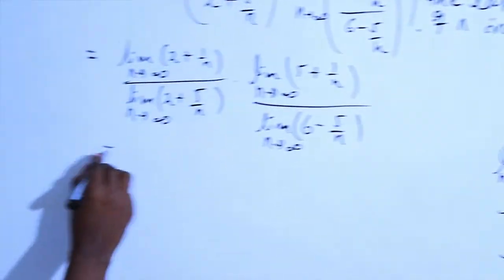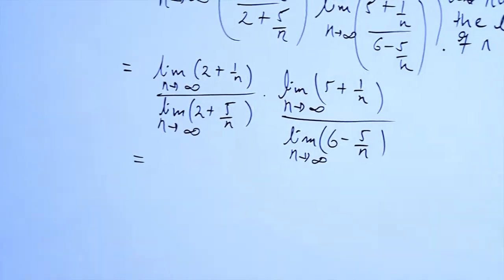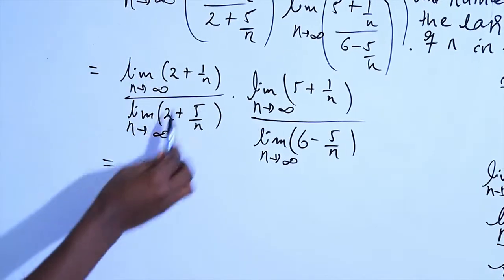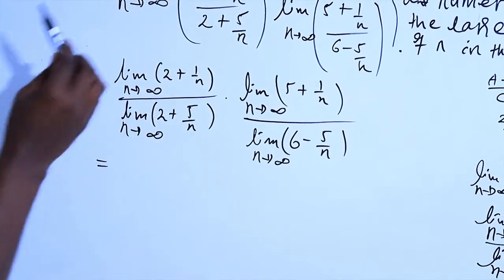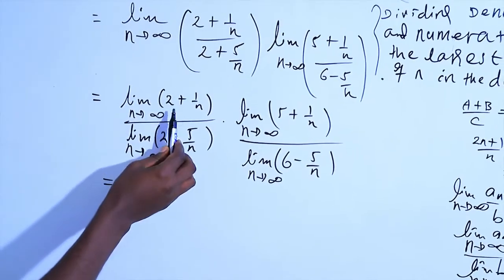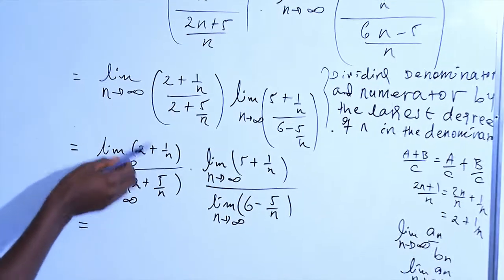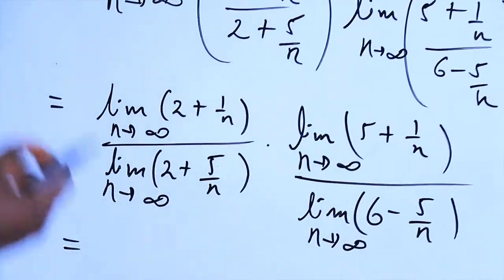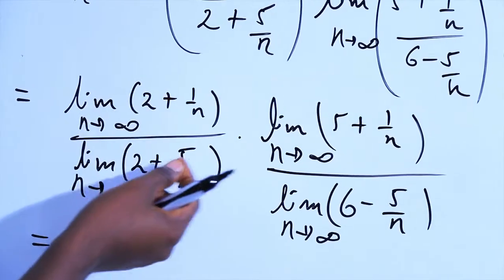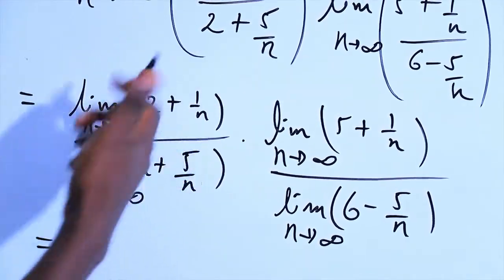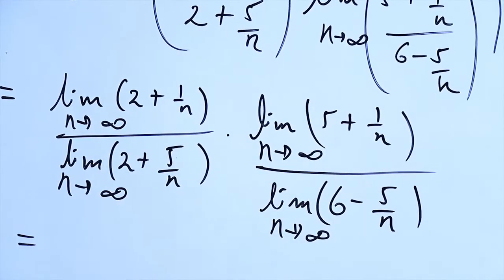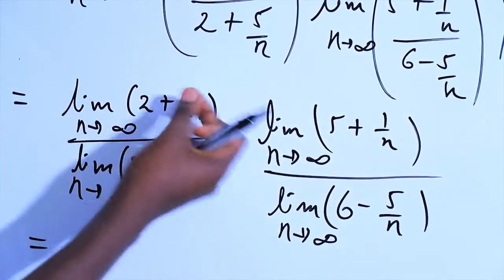So this is exactly equal to the limit of the sequence 2 plus 1 over n, as n approaches infinity. We can apply again, these are two sequences, where 2 is sequence an, and 1 over n is sequence bn. So we can apply the formula for the limit of the sequence an plus bn.